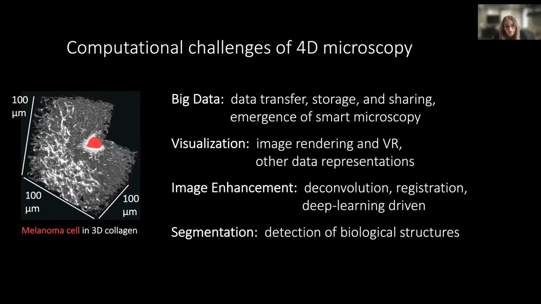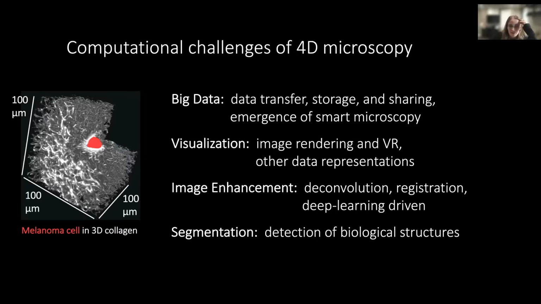Almost all these microscopes are designed to have image enhancement prior to even visualization. They're at least designed to be deconvolved, but many other image analysis techniques exist, and image segmentation is still a very hard, unsolved problem. So many people in this field now are working in image segmentation.